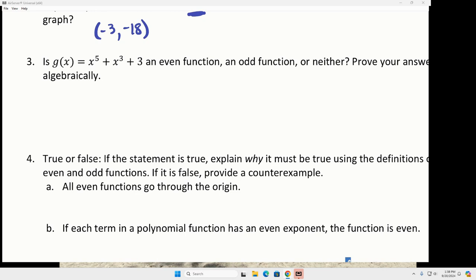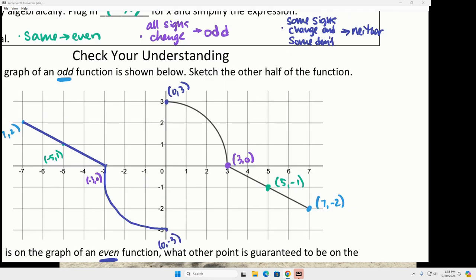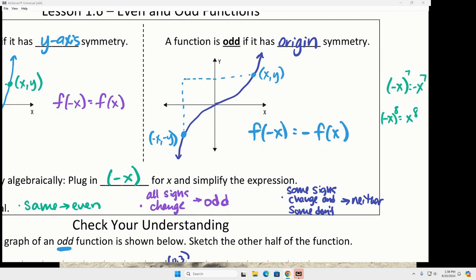Okay, let's see. What we're going to do to prove it is we're going to plug -x in for x. So all of our x's are going to become negative x's. All right, and then we're going to do what I was talking about up here, we're going to raise those negative x either to an odd power and get a negative, or raise them to an even power and get positive.